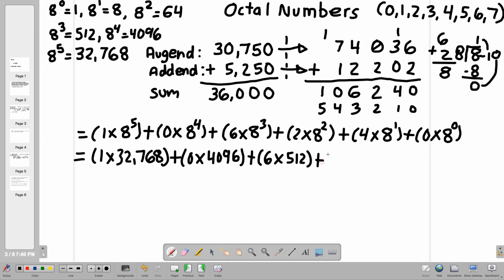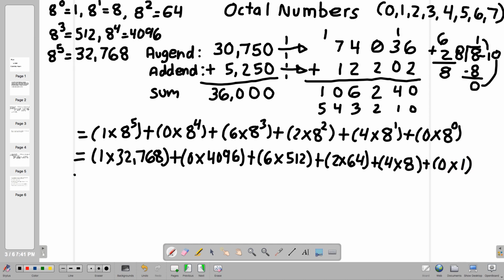And then we have 2 times 8 to the second power, which is the value 64. And then we have 4 times 8 to the first power, which is the value 8. And then we have 0 times 8 to the 0th power, which is the value 1.